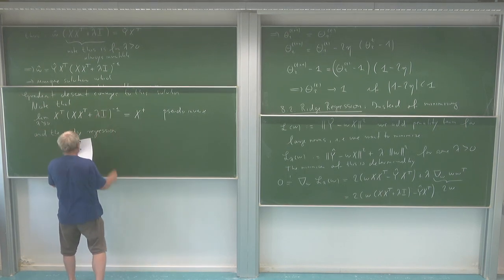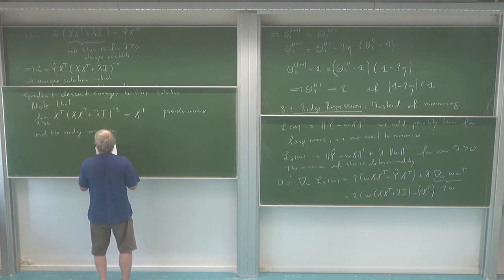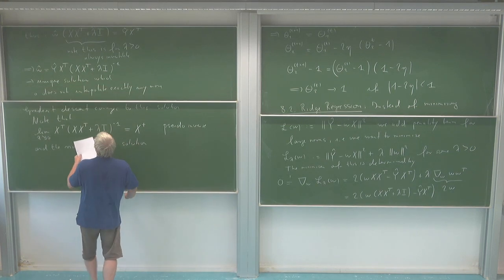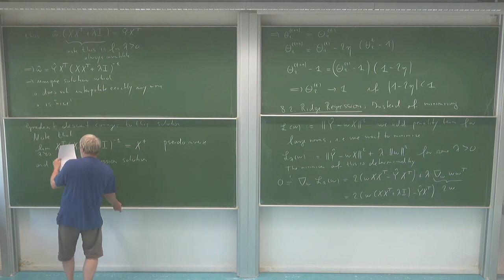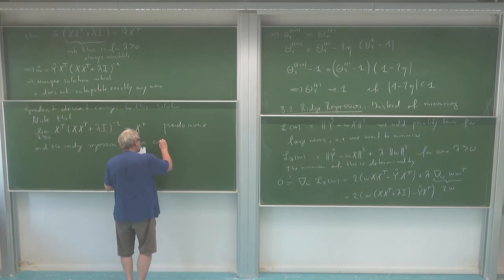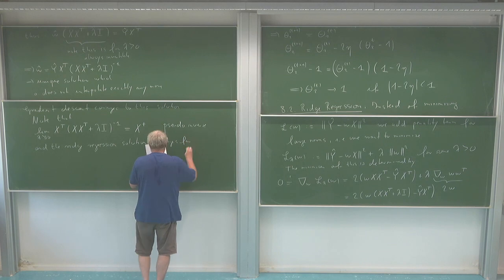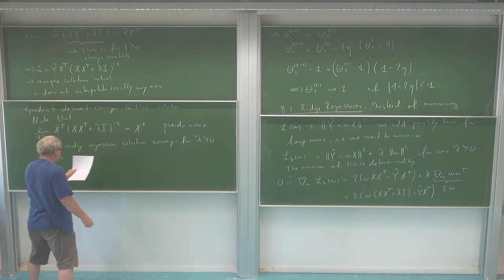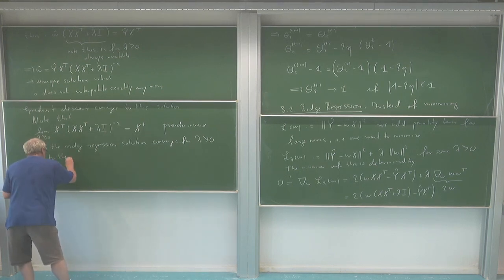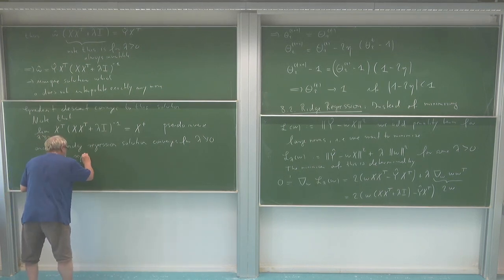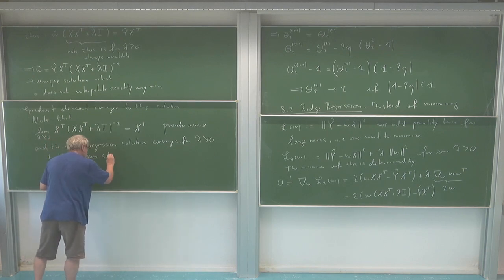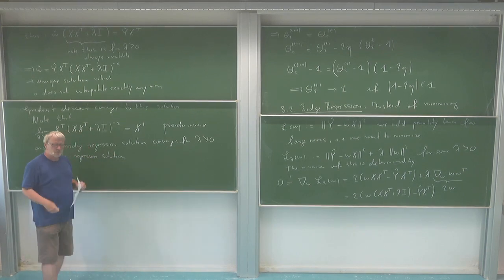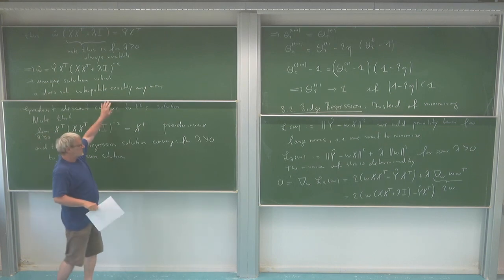Of course, we are adding here something which I don't know whether this looks like a ridge or not, but anyhow, the ridge regression solution converges for lambda going to 0, of course coming from the positive direction, to the regression solution from linear regression, where we chose the best one, so that the norm is the smallest one.